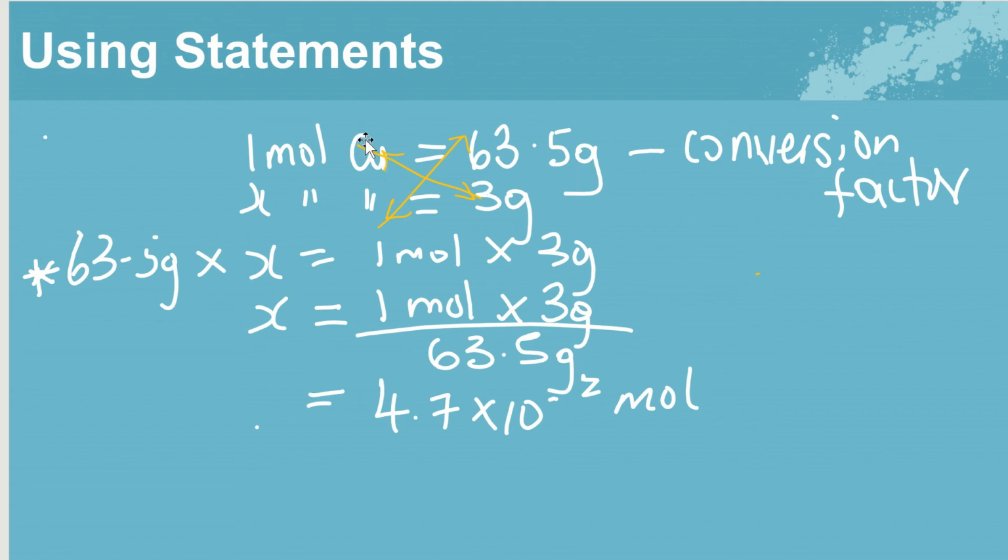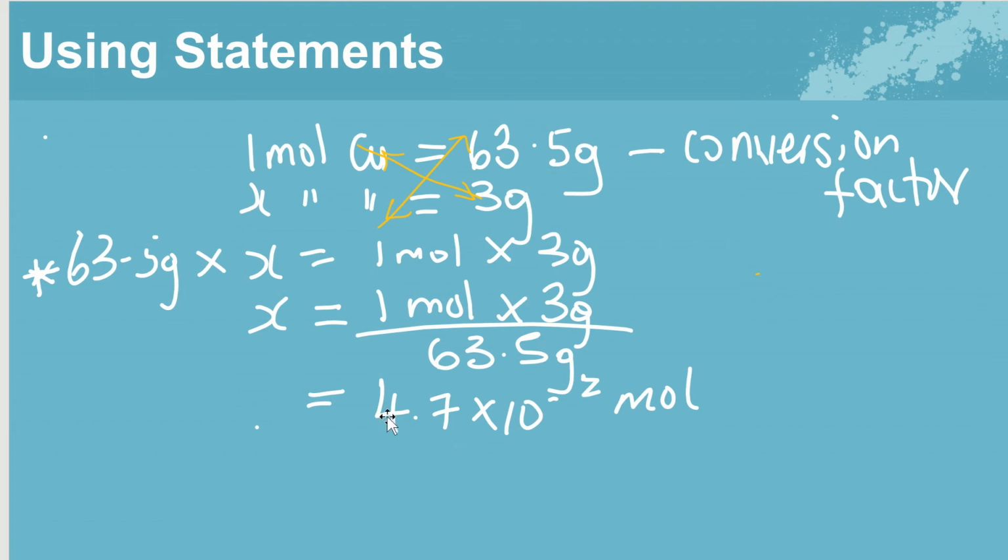And so here we cross multiply, and then we make x the subject of the formula, by dividing both sides by 63.5, and carrying out this calculation, we get moles.